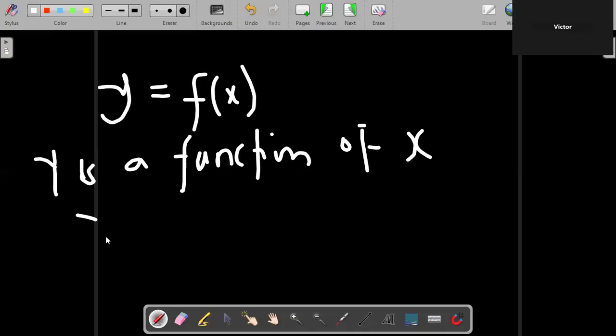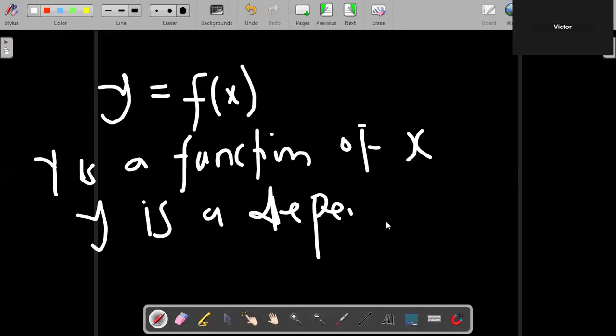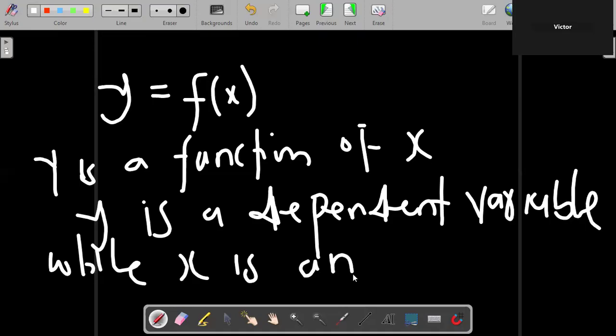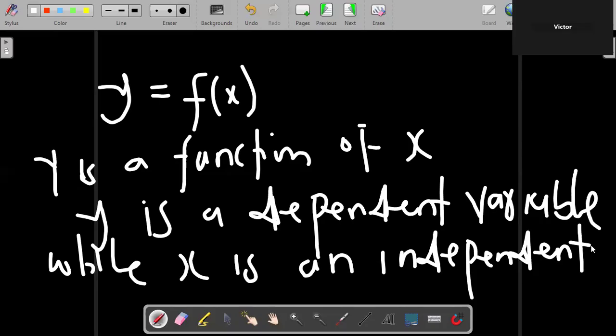So y is the dependent variable. x is the independent variable. Okay? Y is the dependent variable. x is the independent variable. Please write it. It simply means that y depends on x to exist. Without x, there's no y.